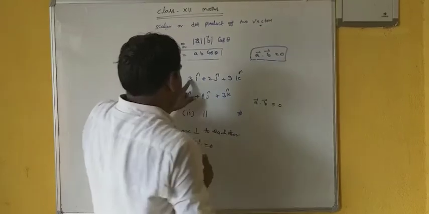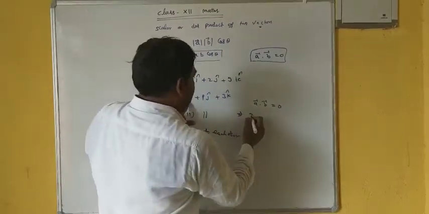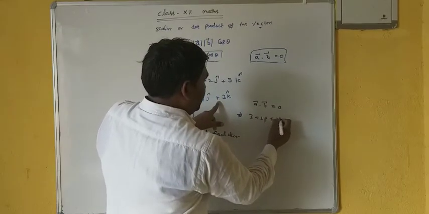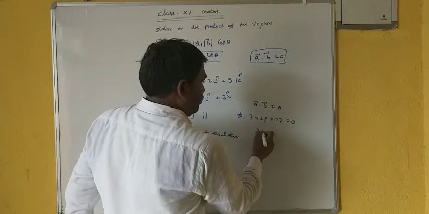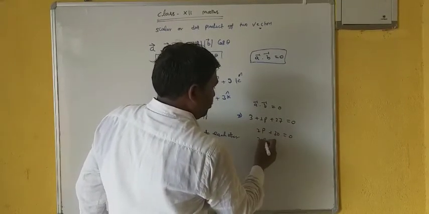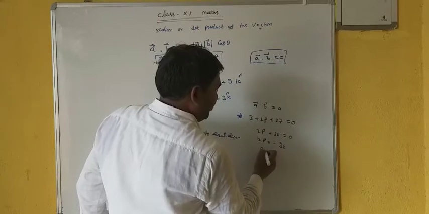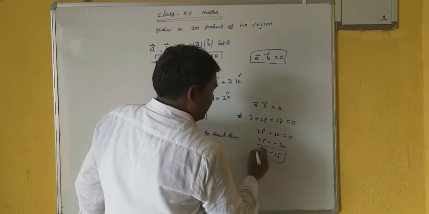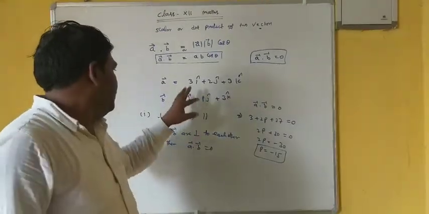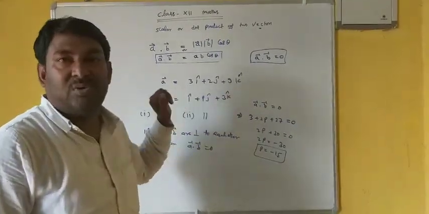It implies that a dot b is 3 into 1, 3, plus 2 into p, plus 2p, plus 27, should be 0. So 2p plus 30 is 0. So 2p is minus 30. So p is equal to minus 15. So this value of p will be minus 15 if they are perpendicular to each other.